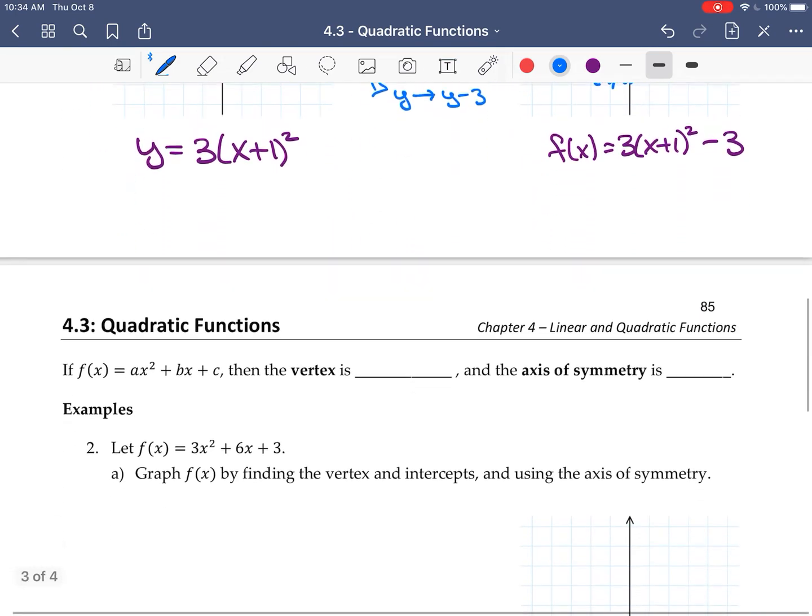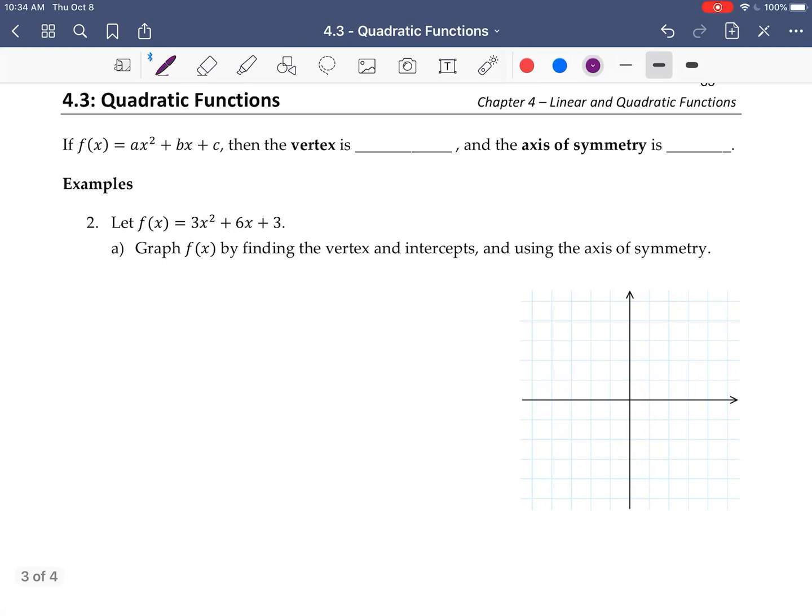So you can also find the vertex other ways. If you have ax squared plus bx plus c, so you have it in the regular form, then we can tell that the vertex is going to be at negative b over 2a.